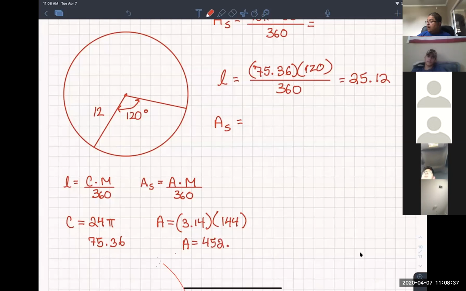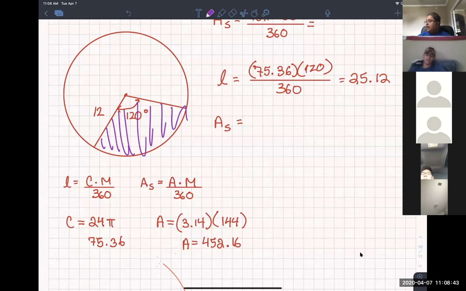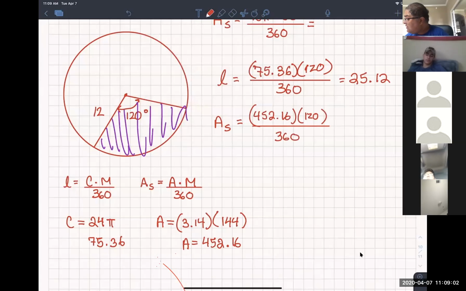Okay, now if I wanted the area of just this sector, this little wedge, now I plug it into this formula. So that's the area, which is 452.16 times the arc measure, which is 120, divided by 360. And what does that give me?